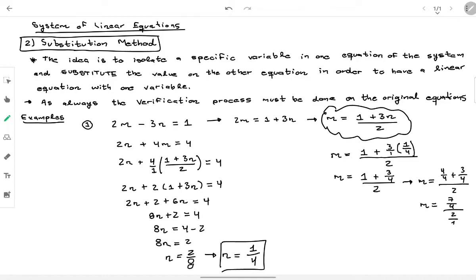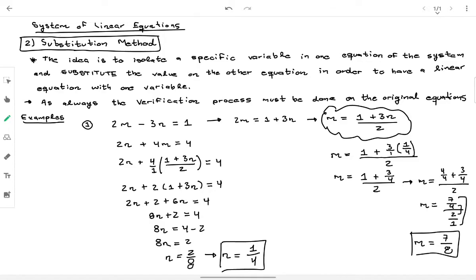This 2 has a 1 as a denominator, so we need to multiply the corners and the middle numbers, because it's a fraction divided by a fraction, and it's going to be m equals 7/8. So we have already our answer: m equals 7/8, n equals 1/4.